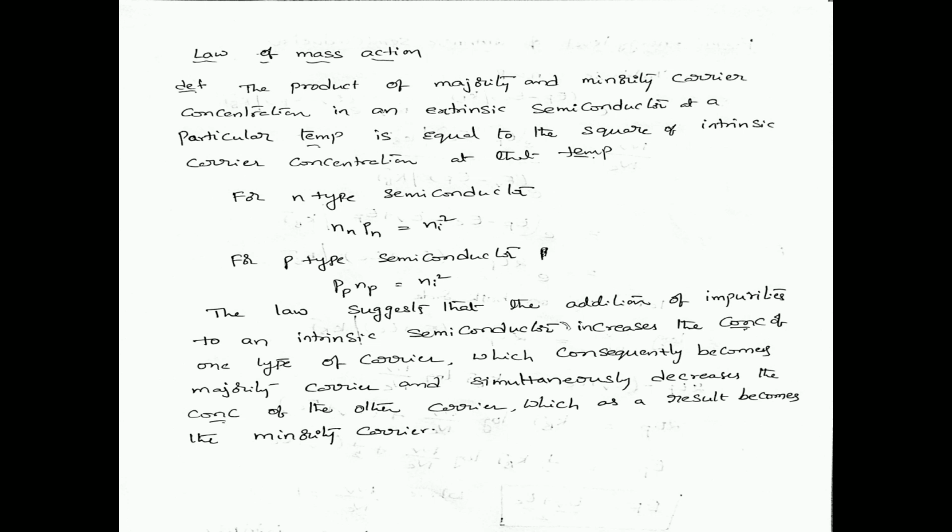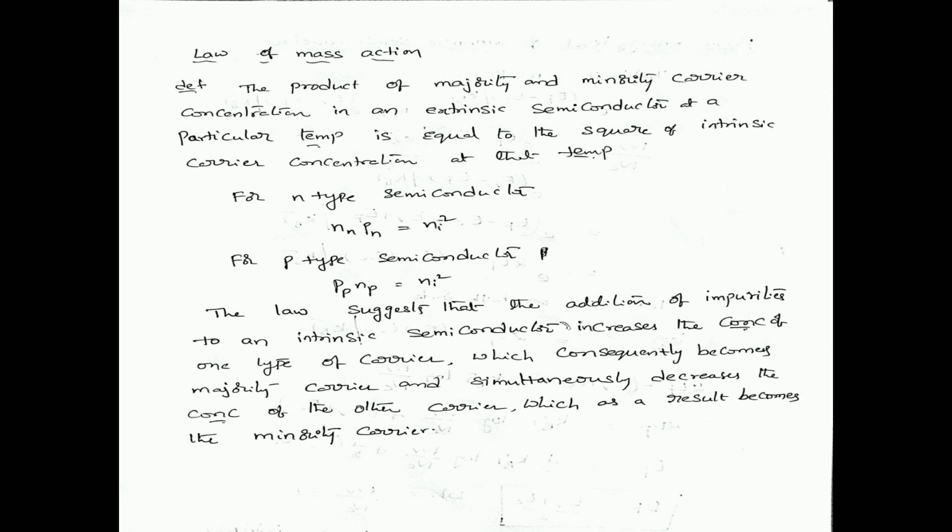For n type semiconductor, what are the majority carriers? Electrons. Minority carriers? Holes. Those two product is equal to intrinsic carrier concentration squared. For p type semiconductor, majority carriers are holes, minority carriers are electrons. Those two product is equal to intrinsic carrier concentration squared.